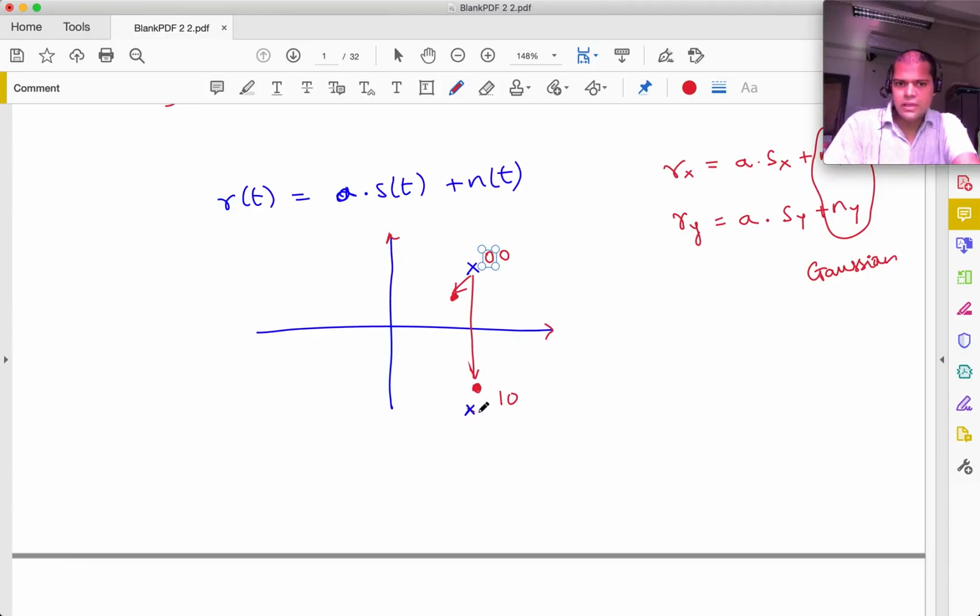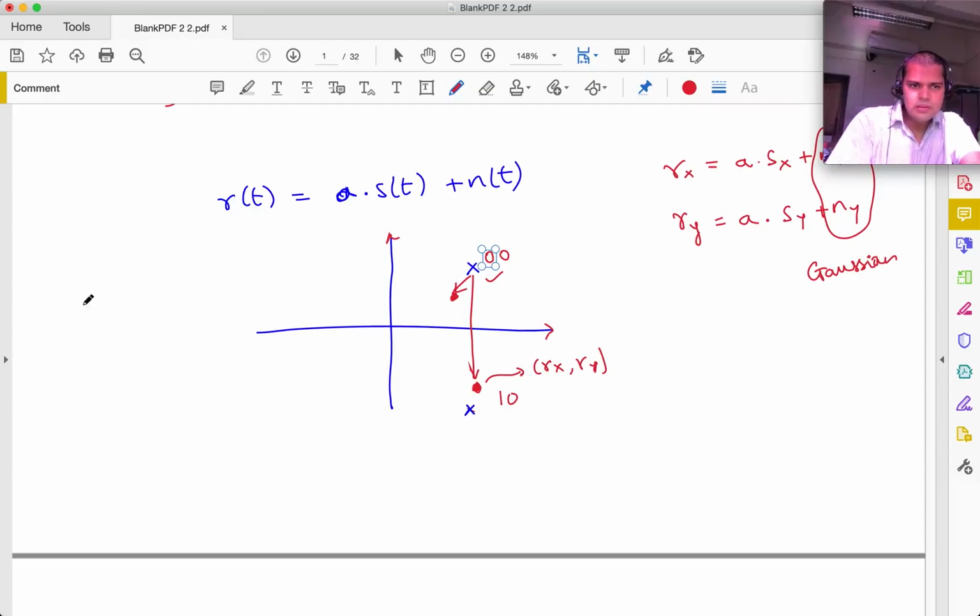Even though this was transmitted, this is what was received, the Rx and Ry components are here. So I will say, my best guess is that this constellation point was transmitted. So instead of saying that 0 0 was transmitted, I will say that 1 0 was transmitted at the receiver. Okay.